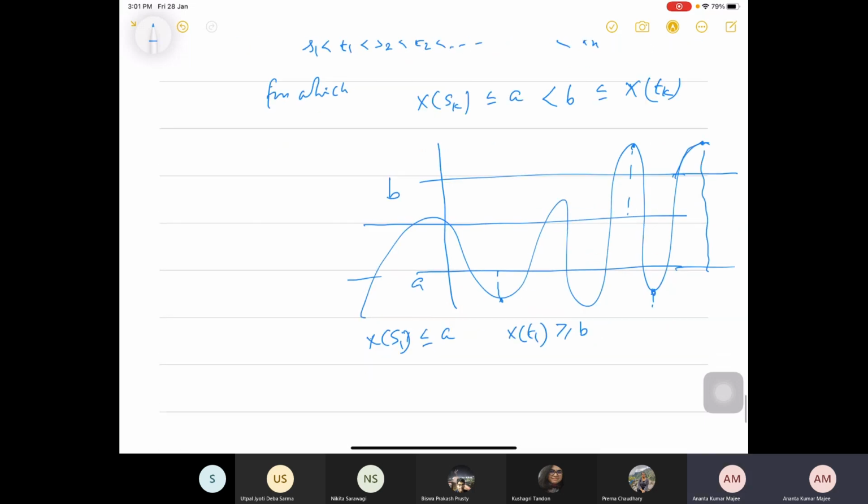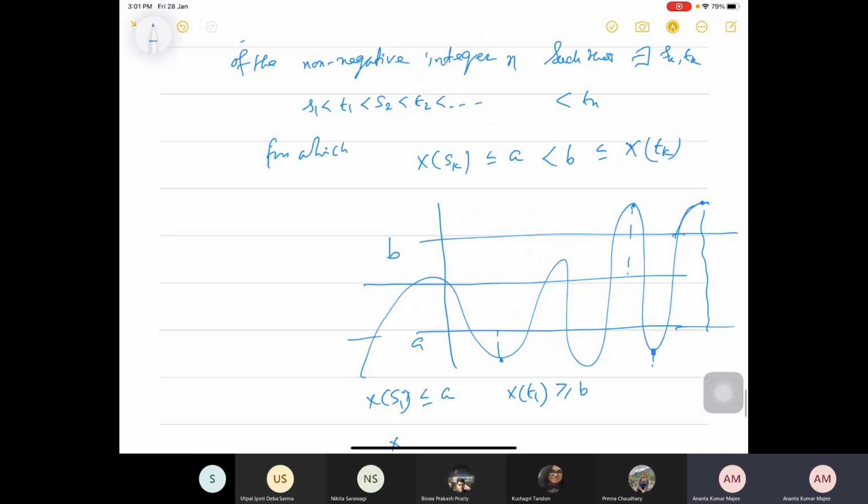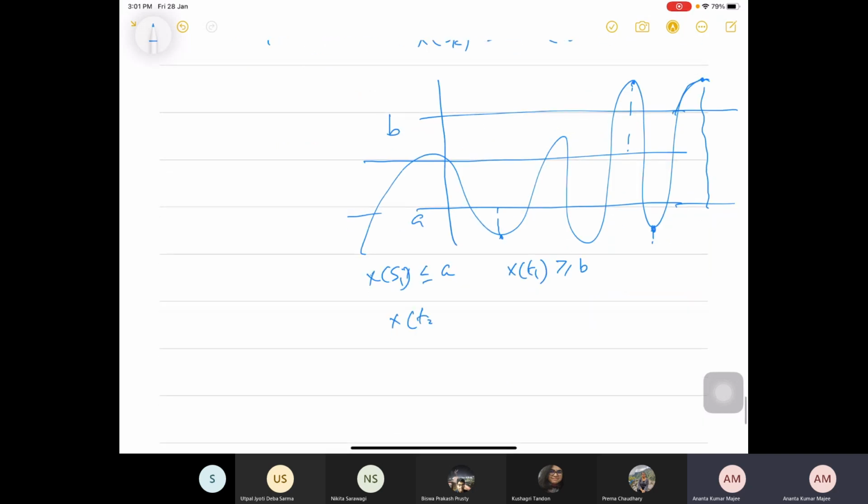And now suppose this is my t_2, and s_2 I am denoting here. I have these conditions, s_1 less than t_1 less than s_2 less than t_2 and so on, X(s_2) is less than or equal to a, and X(t_2) is greater than or equal to b, and so on.